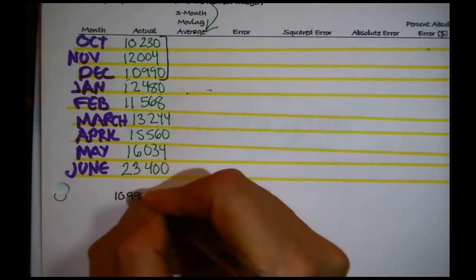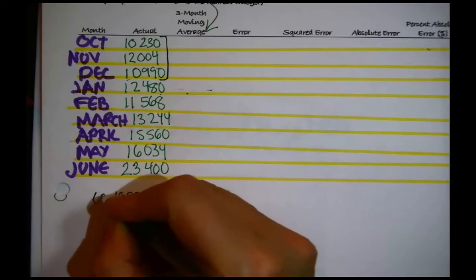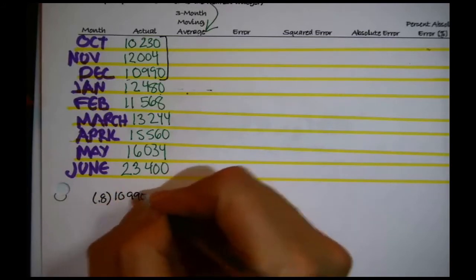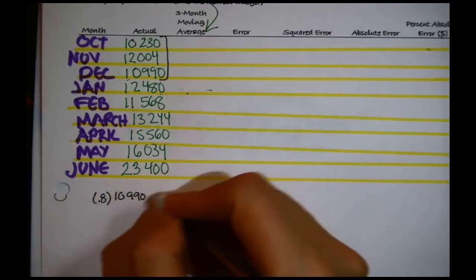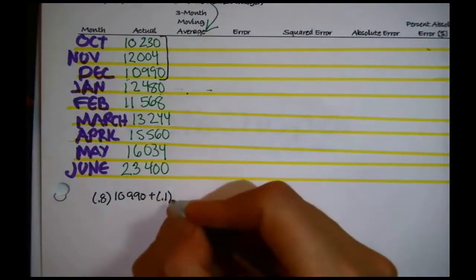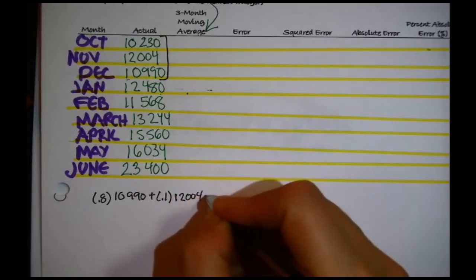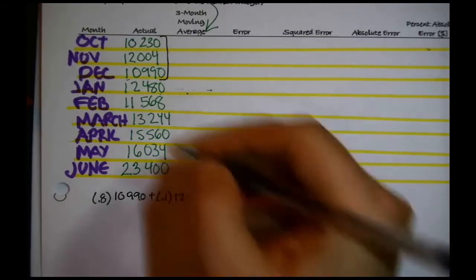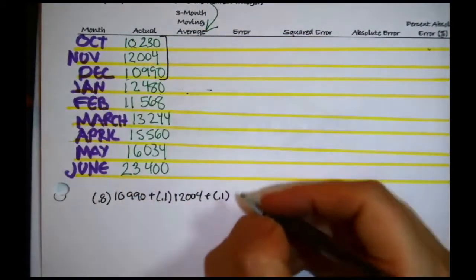That was December, 10,990. That is what I multiply times 0.8. Or another way to think about it is I take 80% of that, and then I take 10%, or the weight is 0.1 of November, and I take 10% of the next most recent month.